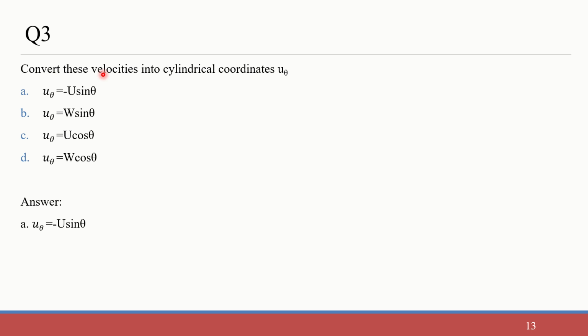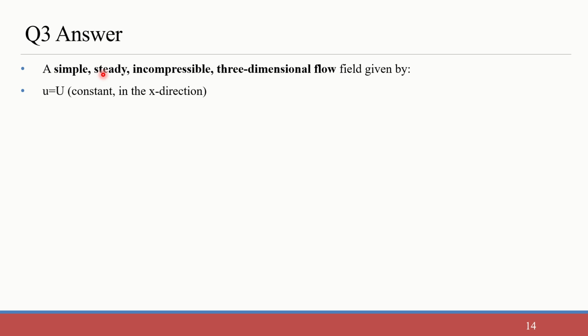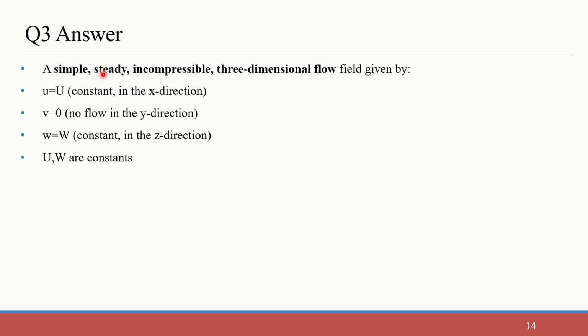So now we will see. Question 3 answer. A simple steady incompressible three-dimensional flow field is given by u equal to capital U, constant in the x direction, v equal to 0, no flow in the y direction, and w equal to capital W, constant in the z direction. U and W are constants. So now we first write the continuity equation: dou u by dou x plus dou v by dou y plus dou w by dou z equal to 0.